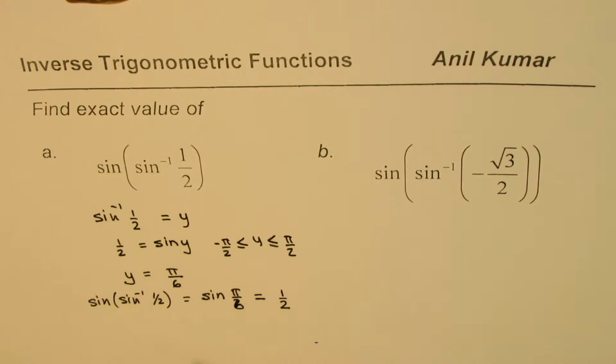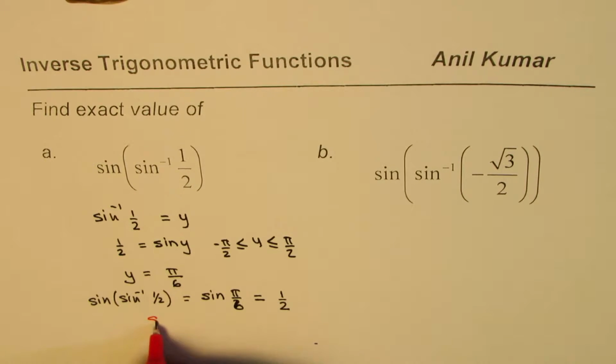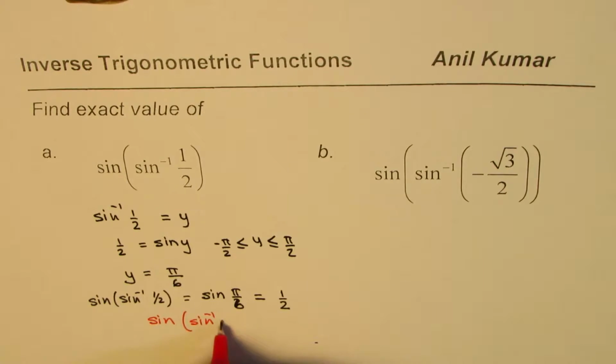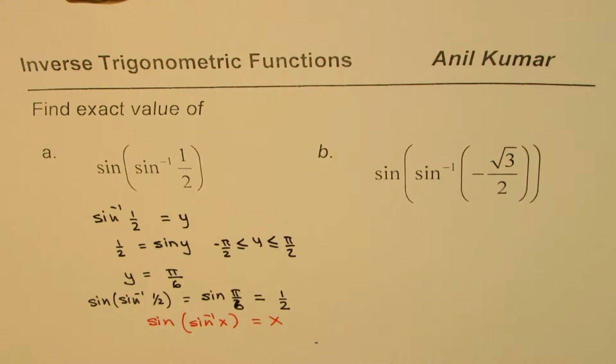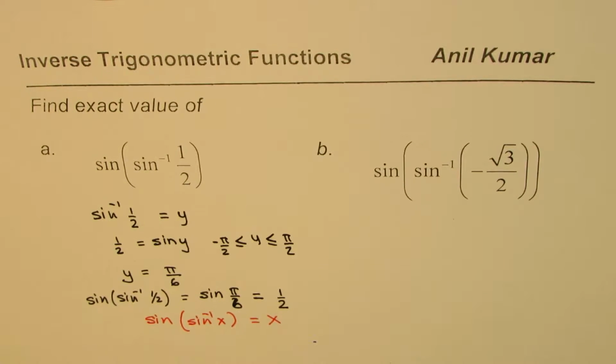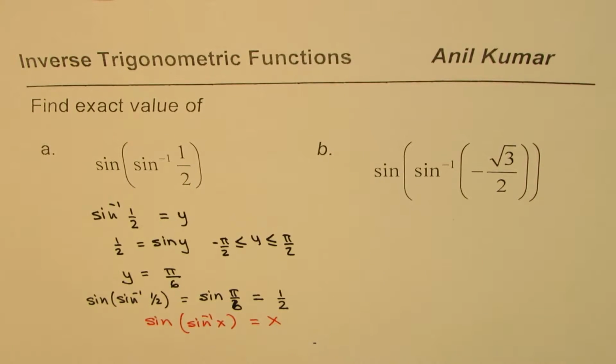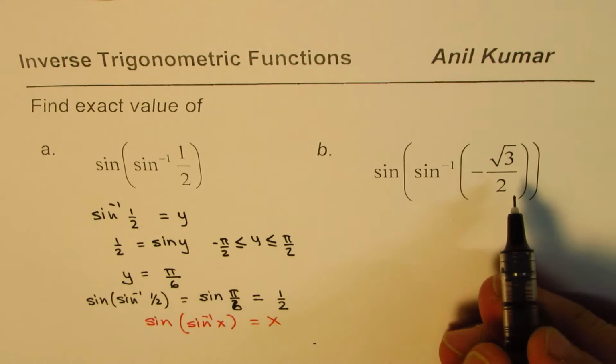So what you get here is that sine of sine inverse x is indeed equal to x, right? That is always true. You can try the next one yourself.